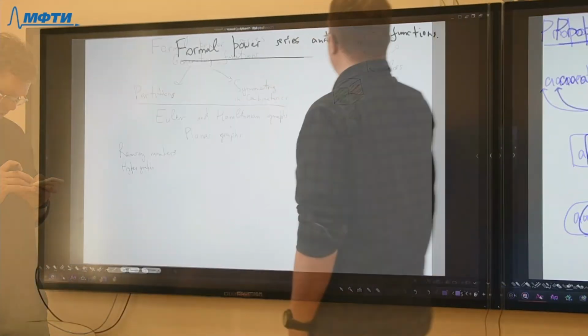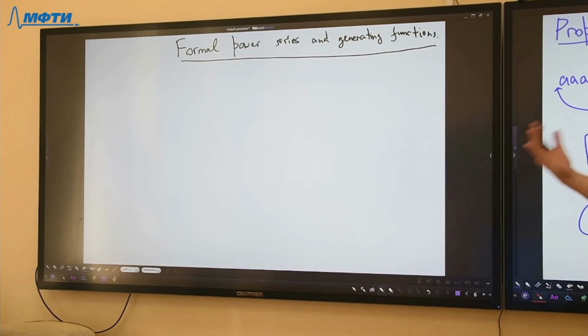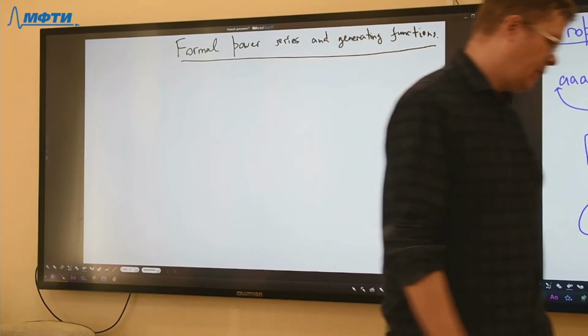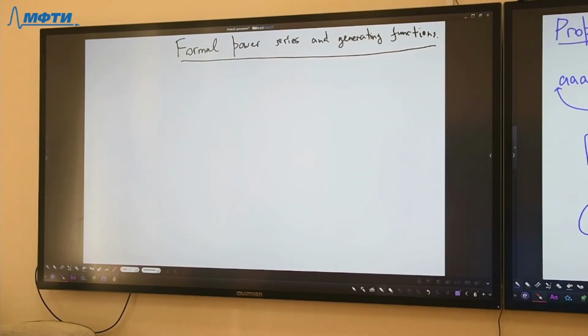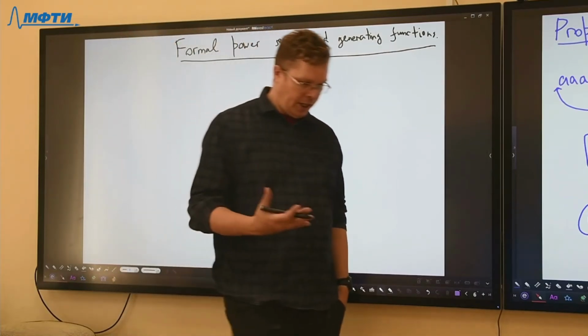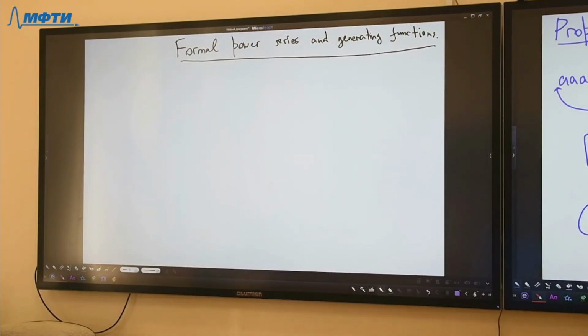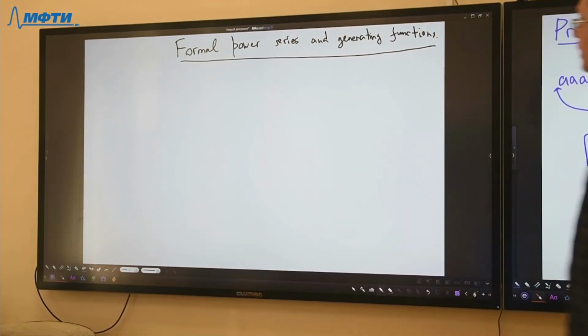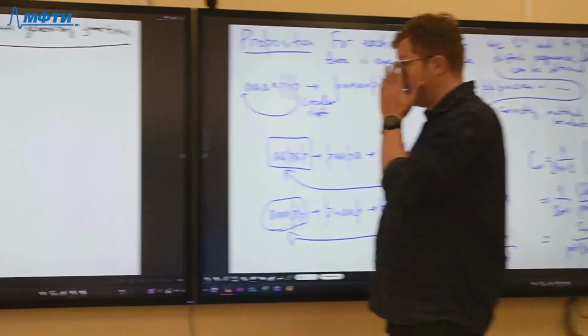Okay. So we already discussed that usually in combinatorics we have some sequences a_n, and you want to say something about a_n. You want to find the formula for a_n. You want to find the approximation of a_n, the upper and lower bounds for a_n. And if you don't have recurrence relations, linear recurrence relations, or some easy relations, then you can look at these sequences as power series.